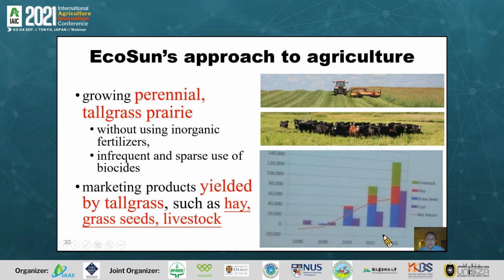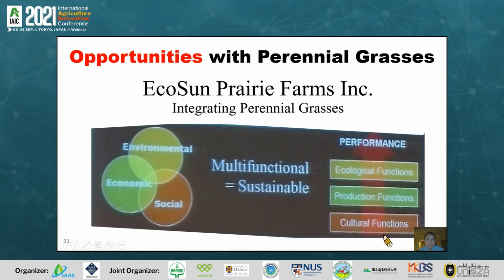Their approach to agriculture is growing grass without using inorganic fertilizer and using only a limited amount of biocides, and marketing products yielded by tall grass such as hay, grass seeds, and livestock.